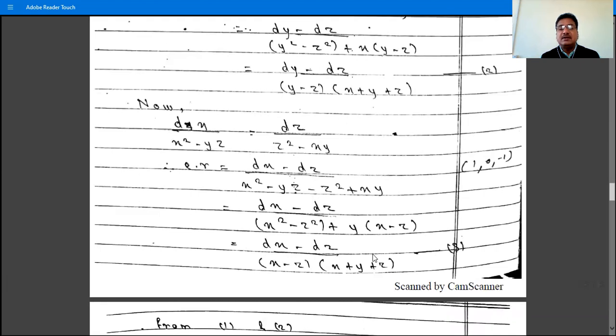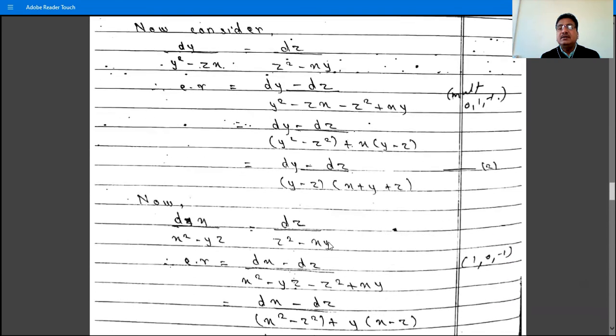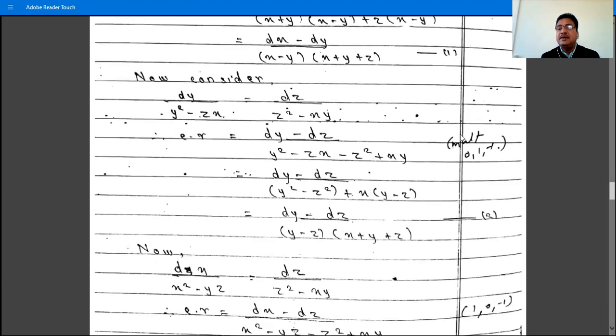From these three ratios, consider any two and obtain the solutions. Or here is another method where the multipliers are 0, 1, minus 1.